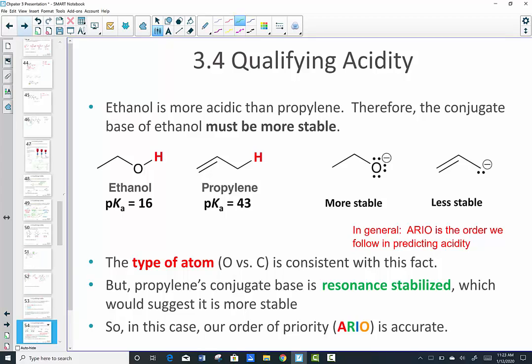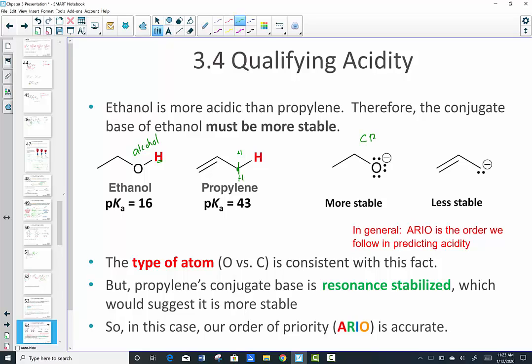The type of atom is consistent with this fact, even though this propylene, if I go down the list, ARIO, the first consideration is the atom. We were able to make a judgment right off the first criterion and say, wait, oxygen, more electronegative than carbon. Stop right there and select the more electronegative element.